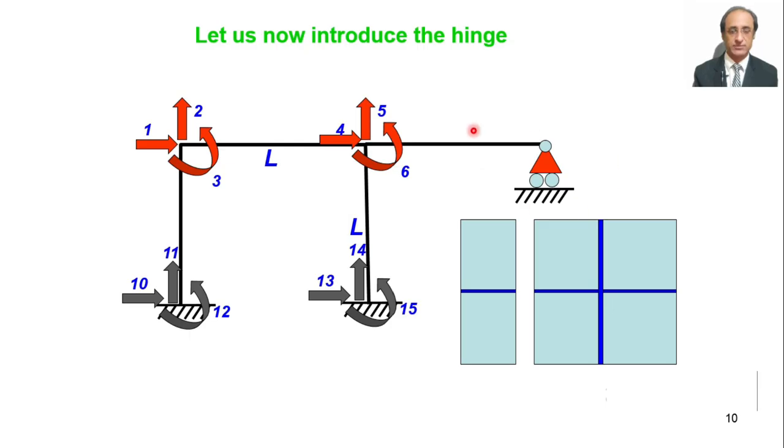We have only the numbers 7, 8, 9 left. In an ordinary situation we would have numbered 7 like this, and we would have numbered 8 vertically up. However, we find that along the vertical direction this particular joint is restrained.